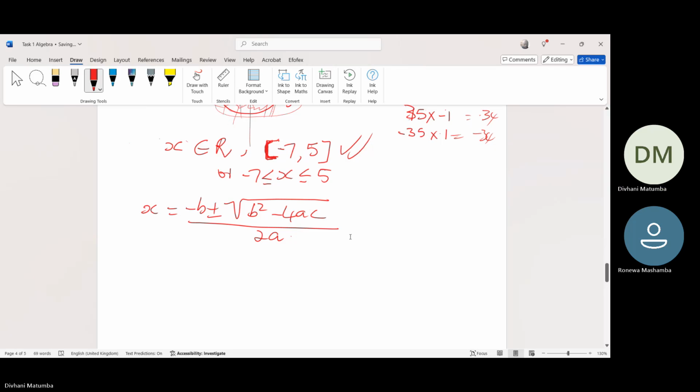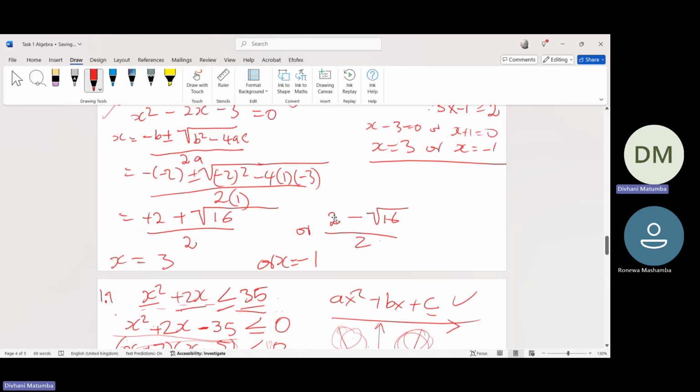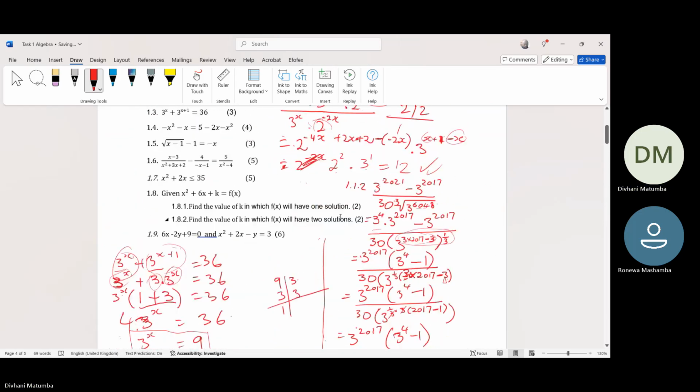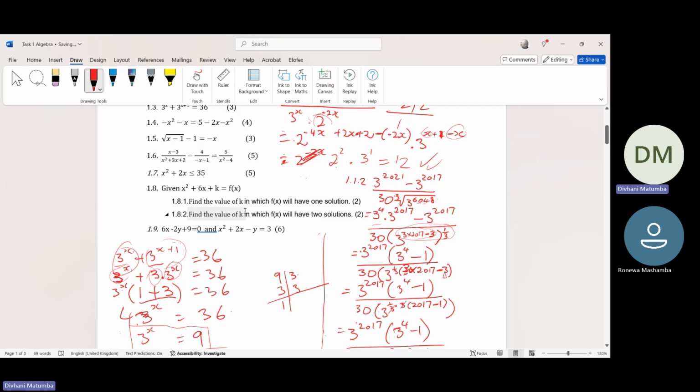Now, in order for a number to be real, okay, what are real numbers?